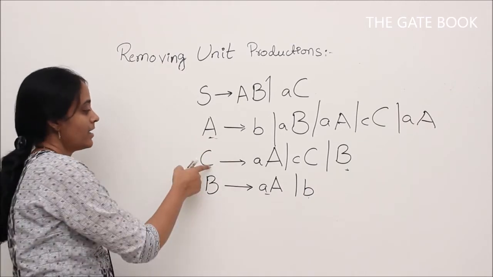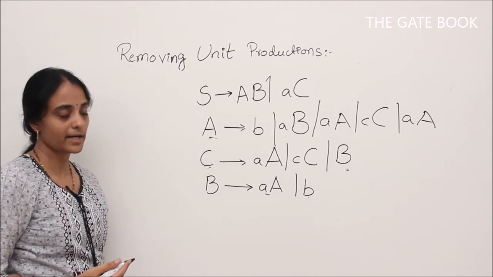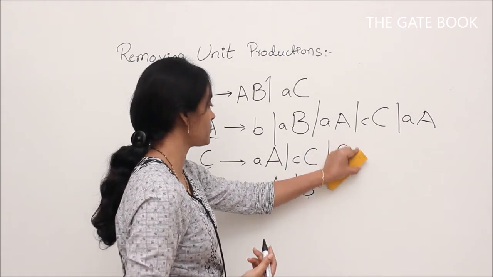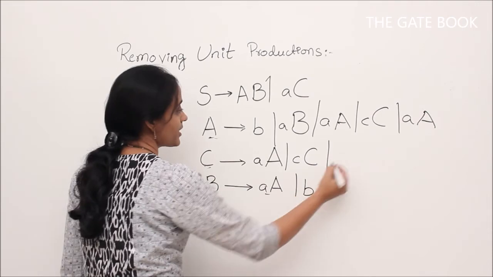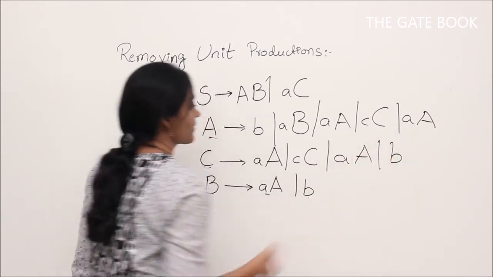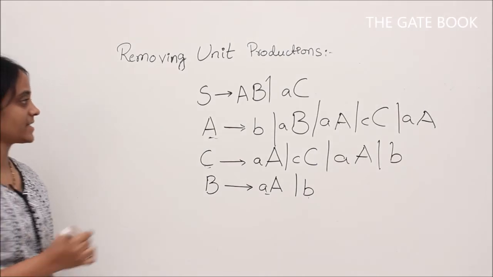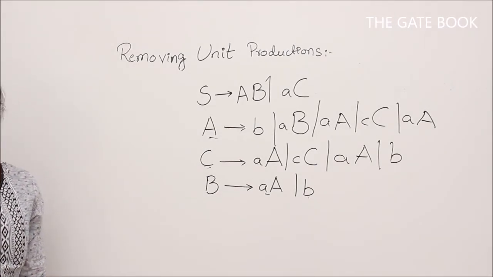So A is done. Now there is one more unit production for C, that is C derives B. How to remove this? So we will take out B, and instead of that we directly add B productions, right? So this is the final grammar which doesn't have any unit production.